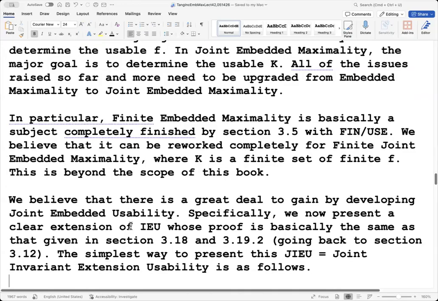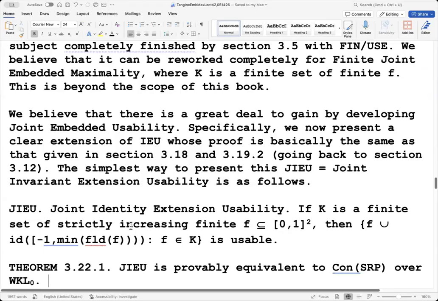We believe there's a great deal to gain by developing joint embedded maximality. Specifically, we now present a clear extension of IEU whose proof is basically the same as that given in sections 318 and 319.2, going back to section 312. Those are the proofs of the standard IEU. The simplest way to present this joint invariant extension is as follows. JIEU is joint identity extension usability.